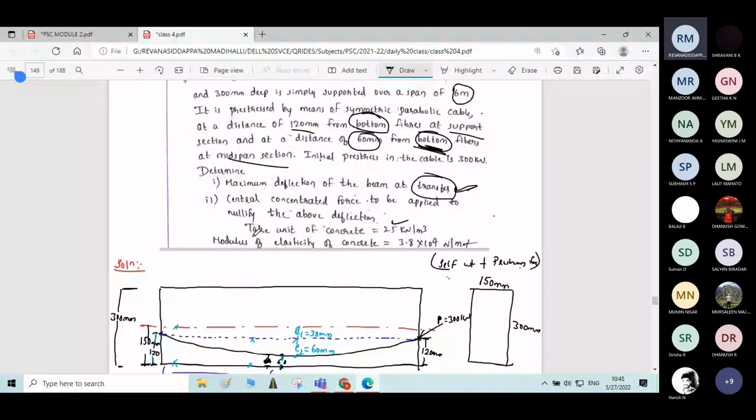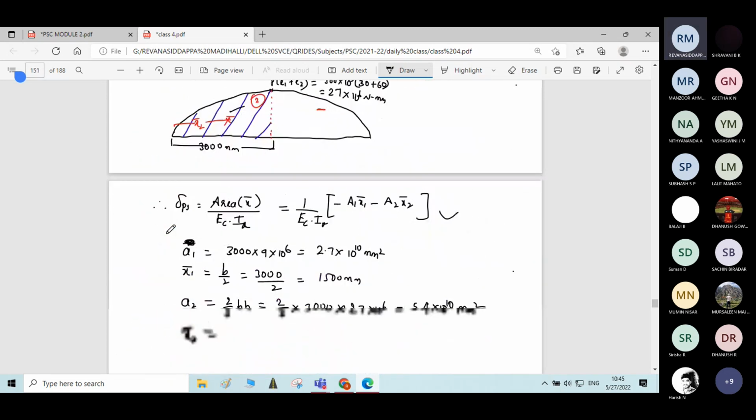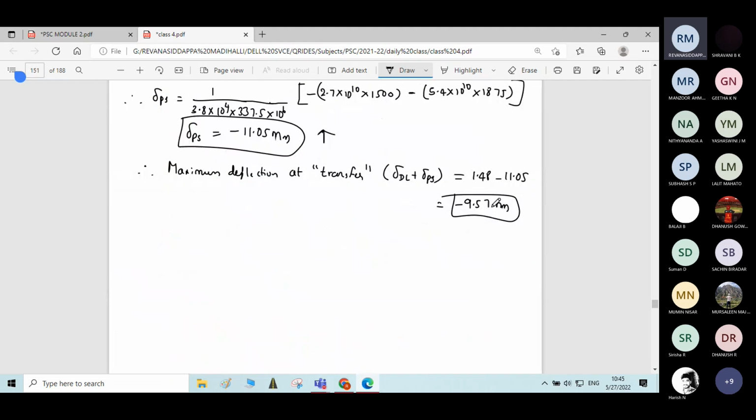Now moving on to the second question. We have to determine the central concentrated force to be applied to nullify the above deflection. Above deflection means deflection at transfer. Okay. What is the deflection?